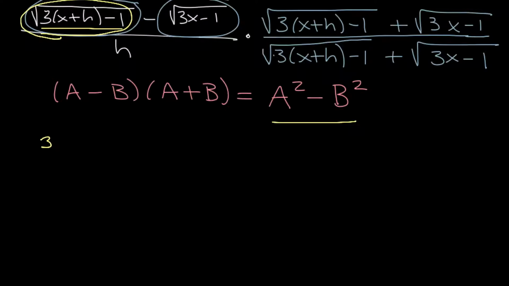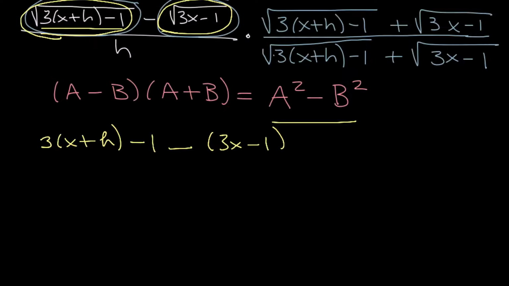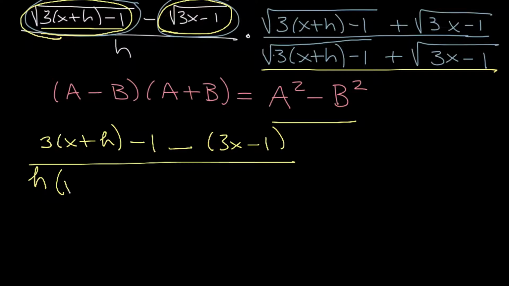So we get 3 times x plus h minus 1 minus, and this is b, so b squared is 3x minus 1. That's the numerator, over h times this entire expression, the square root of 3 times x plus h minus 1, plus the square root of simply 3x minus 1.